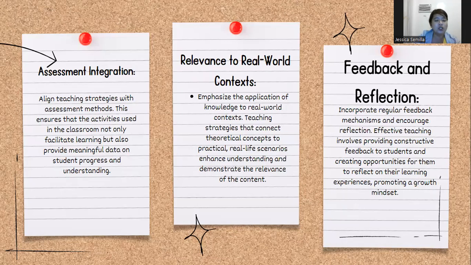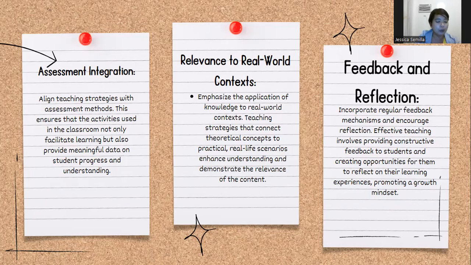Next one is that the strategy should be relevant to the real world context. Because we are already in the 21st century era, you need to emphasize the application of knowledge to real world context.